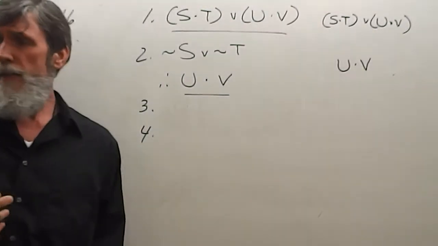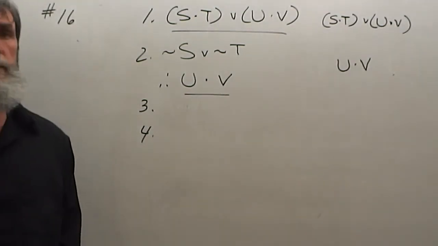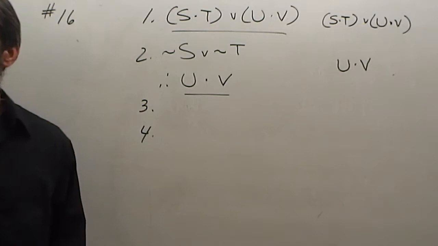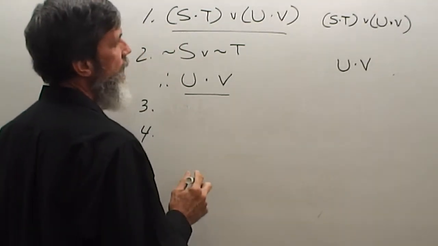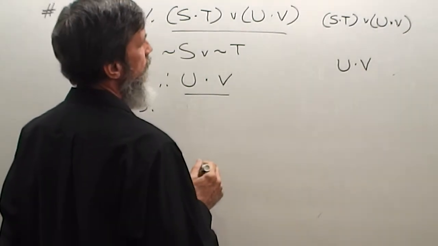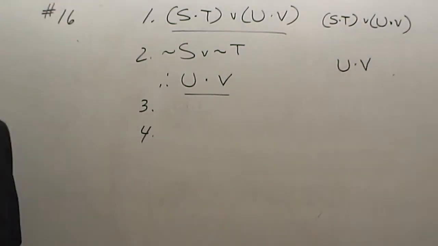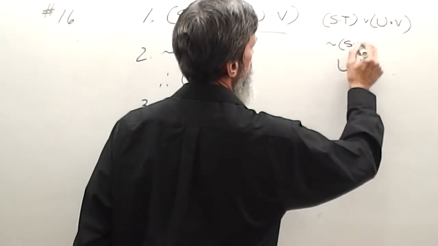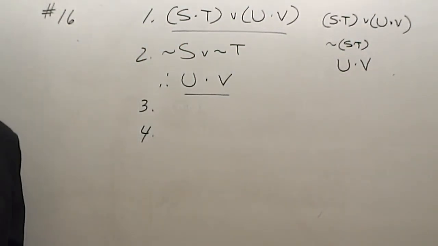Right? What's the second premise of our disjunctive syllogism? P wedge Q, curl P, therefore Q. So what's our second premise in this case? Curl S wedge curl T. Right? Okay.